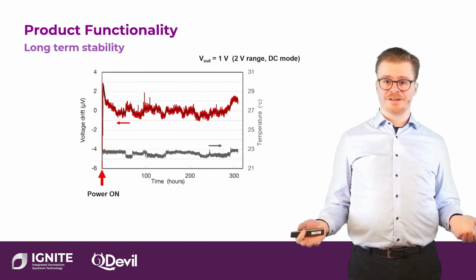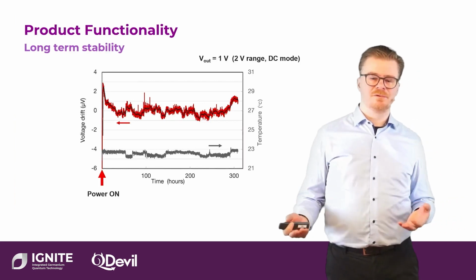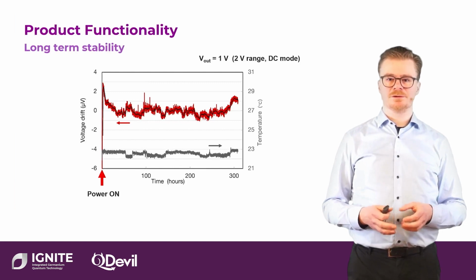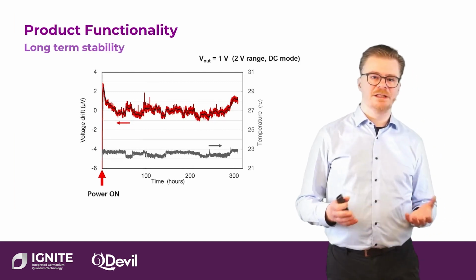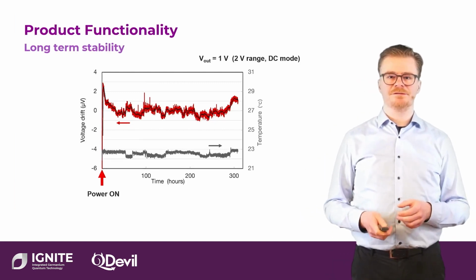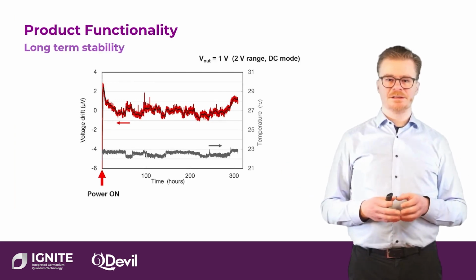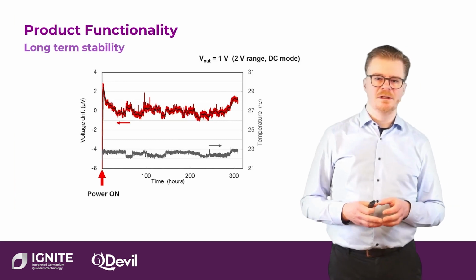Then secondly, it's very stable, so not only does it provide very fast dynamic responses, it's also super stable. Here we've taken measurements at the Danish Metrology Institute to look at a 2-week stability in a temperature-controlled environment.